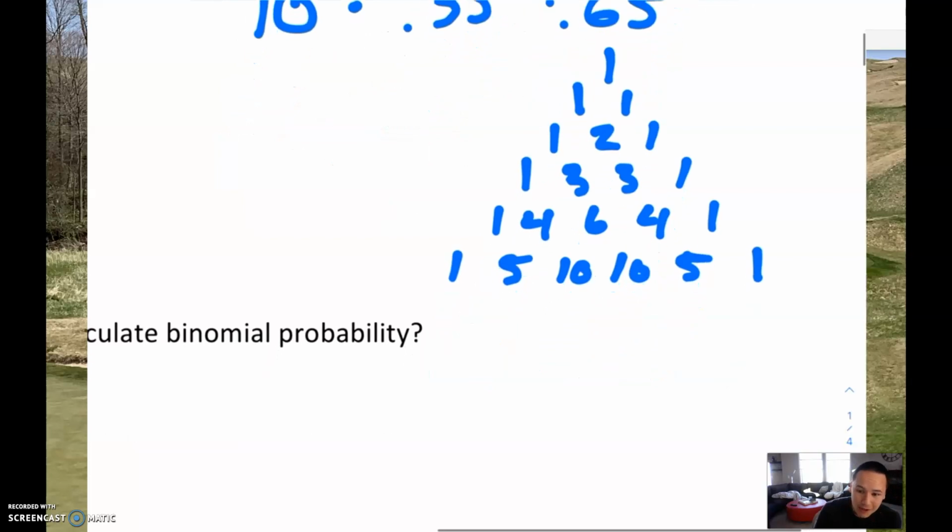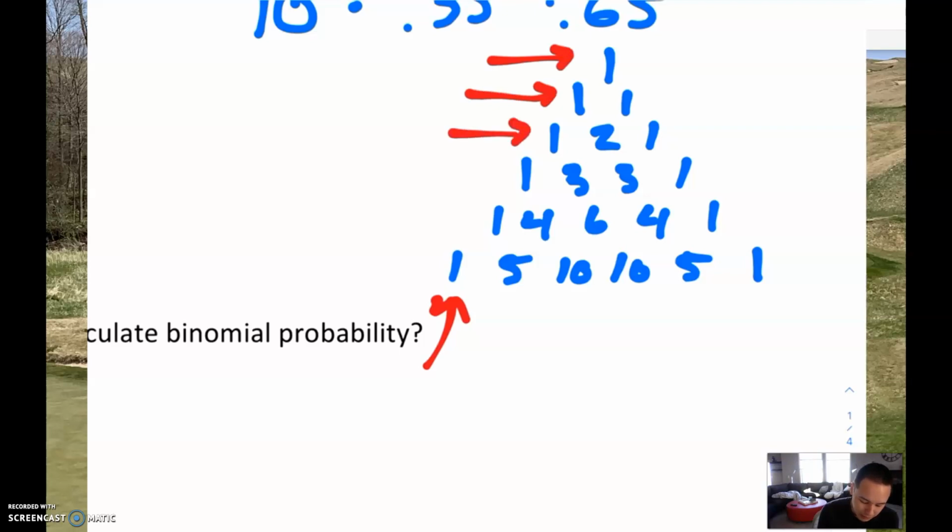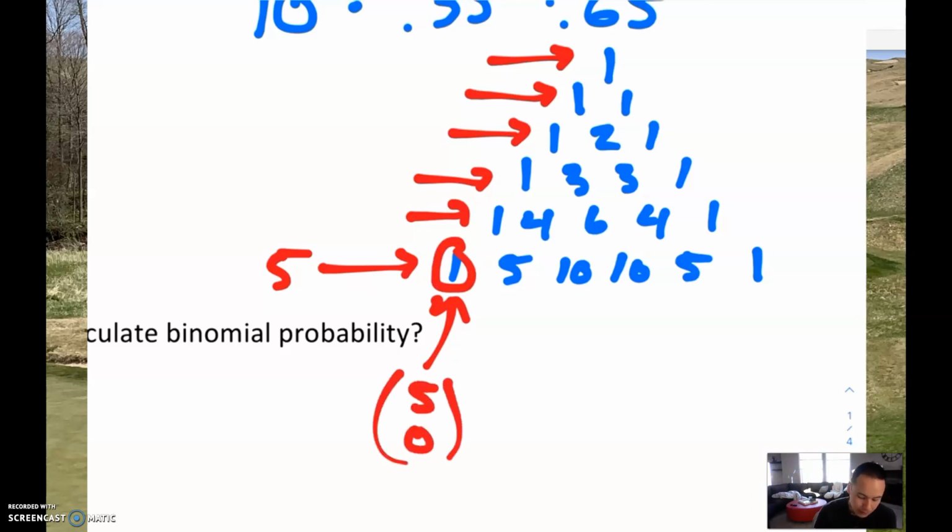And I'm going to show you how this row gets filled out. This one here, notice how it's row number 5. Technically it starts in row 0. So here's row 0, here's row 1, here's row 2, here's row 3, here's row 4. This is row number 5. And you see that because it has a 5 in the second spot. But to get that first number in row 5, it's just 5 choose 0.